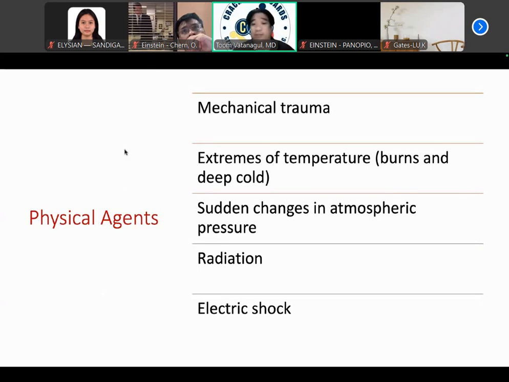Now, what about the physical agents? There are physical agents which can cause cellular injury. Number 1, we have mechanical trauma. We also have extremes of temperature, which can include cold, deep cold. This can be associated with frostbites. Then we have burns.